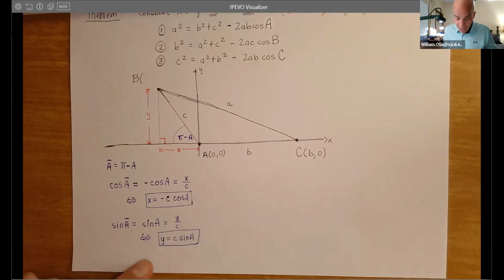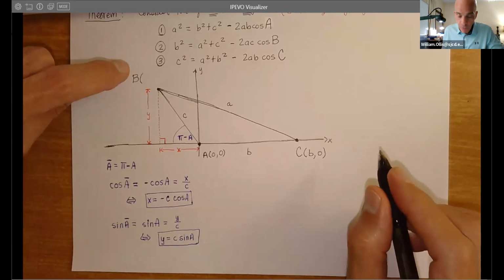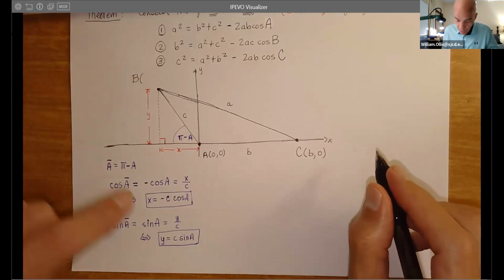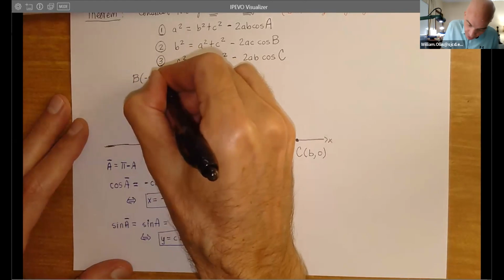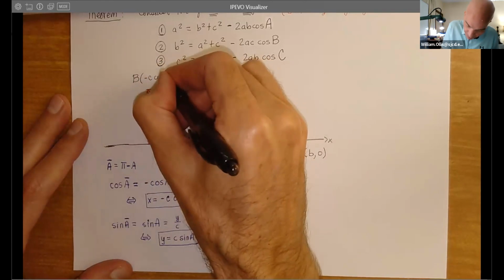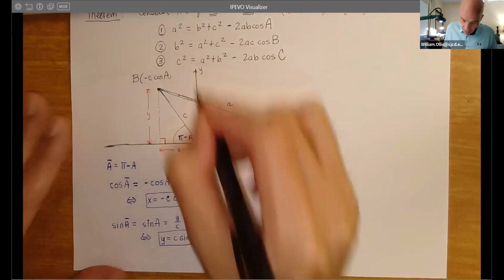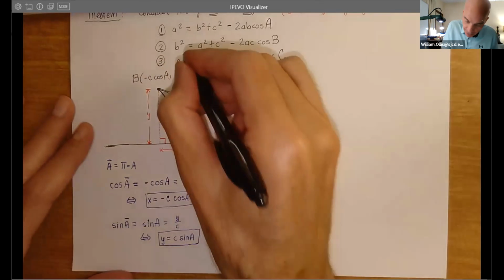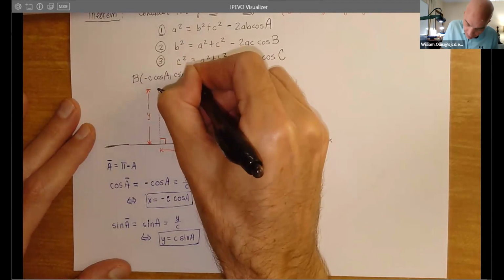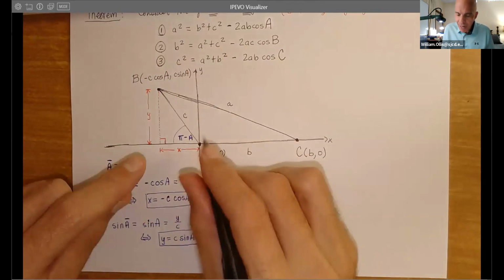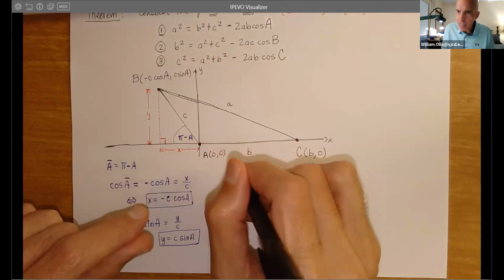So now we can go to vertex B and write in its coordinates. So we have negative c cosine A, comma, c sine A. Now it didn't really matter how I put the vertices here.